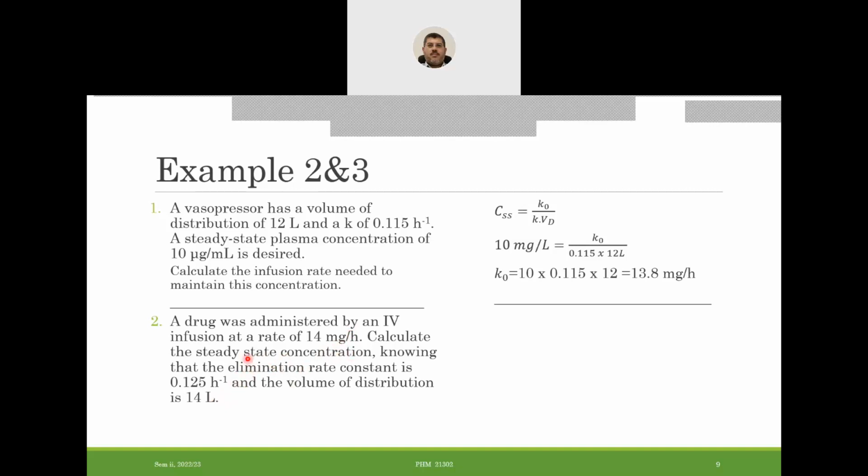They want us to calculate the steady state concentration, which will be in milligram per liter. So I use this equation. Steady state concentration equals infusion rate, 14 milligram per hour, divided by elimination rate constant times volume of distribution. So simple. Just replace values: 14 divided by 0.125 times 14. So we get 8, and the units will be milligram per liter.